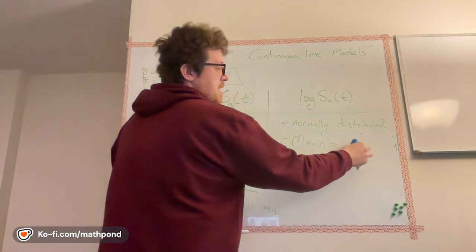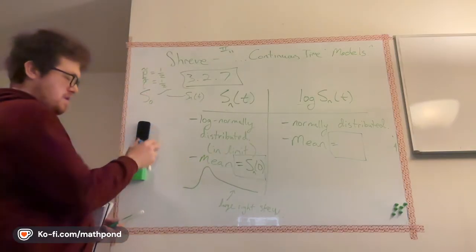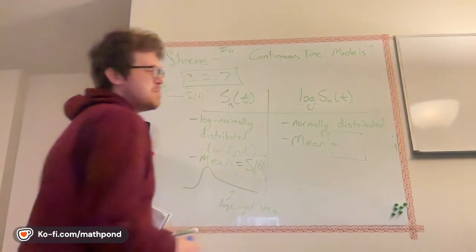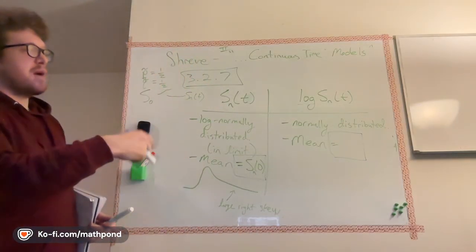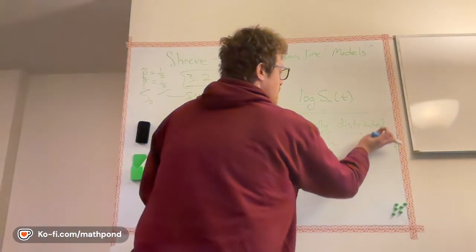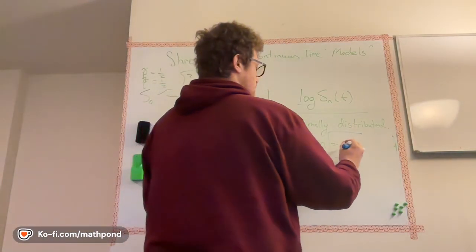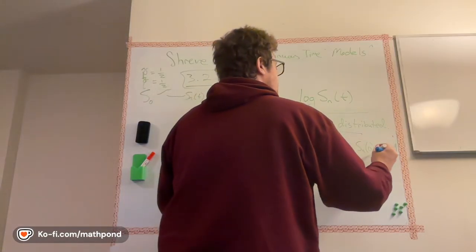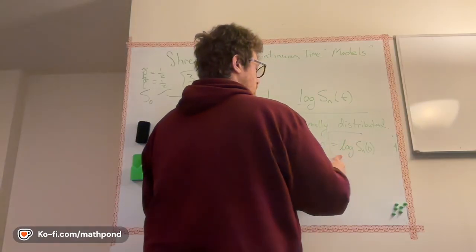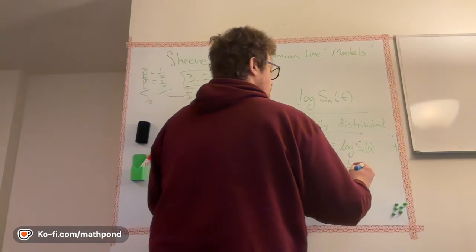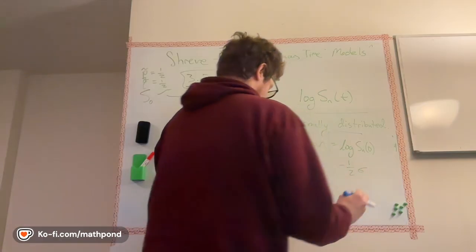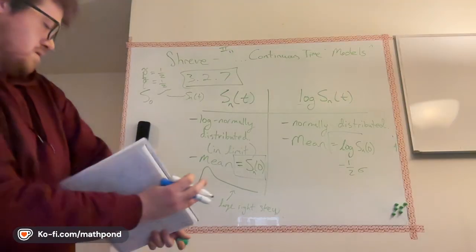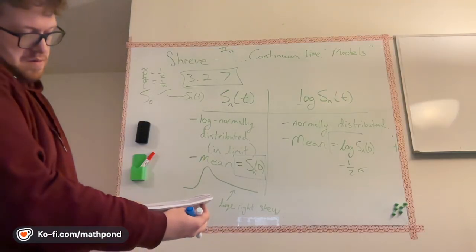We kind of wrote it down before. We said that it's normally distributed, and the mean was log Sn of 0 minus some value. What was it, sigma squared t, right?